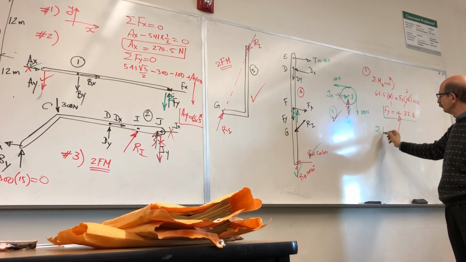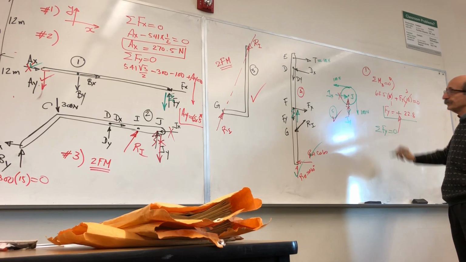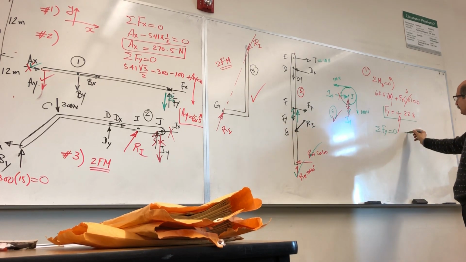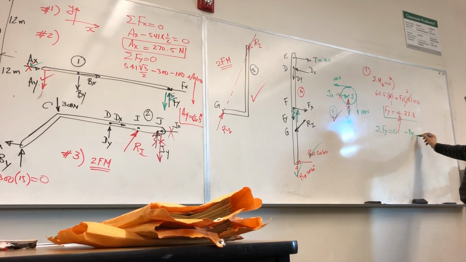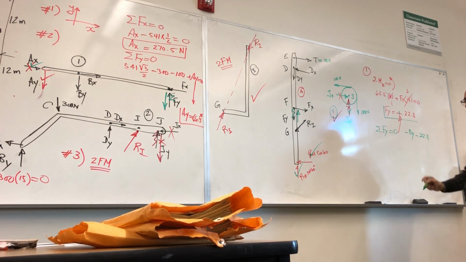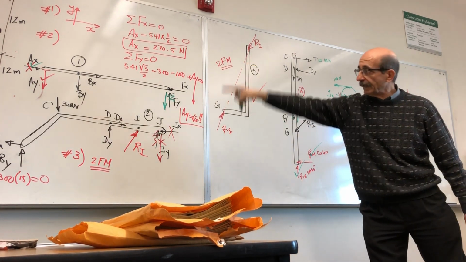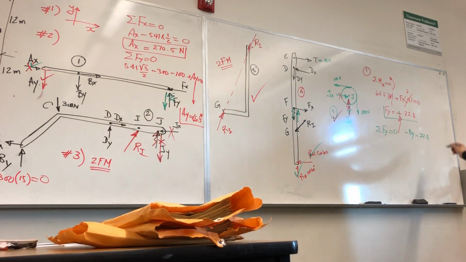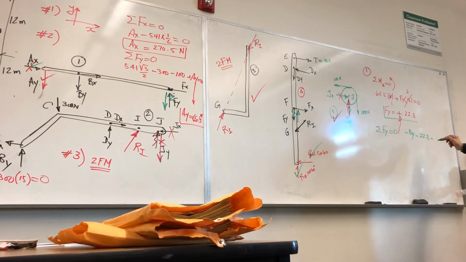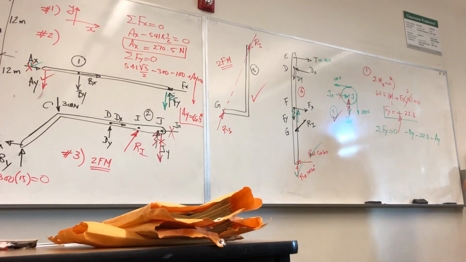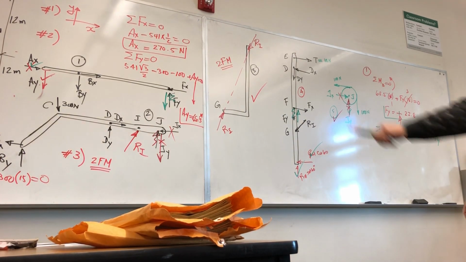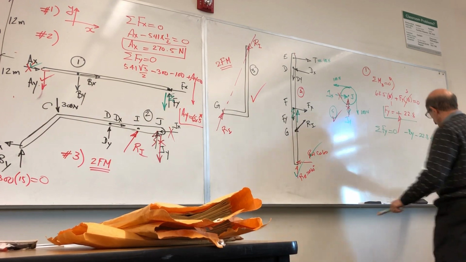You write summation of forces along y is equal to 0. So you have negative DY, negative 22.8, which is FY, and negative AY, right? Which you had, you found AY was 68.5, right?